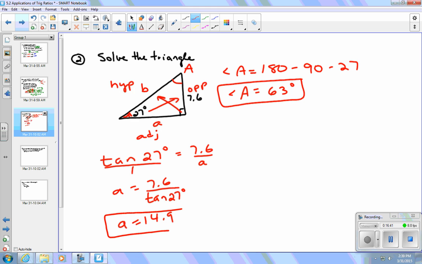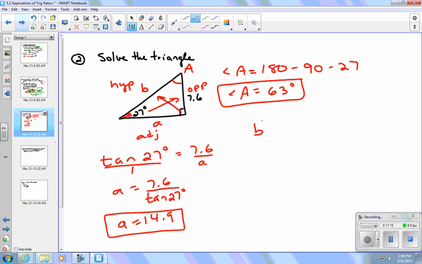Generally, we round our sides to one decimal place, and when we're solving for a missing angle, we round to the nearest whole number for degree angles. Okay, so now we need one more. We know side A, we know the 7.6, and we need this side. There's two ways to do that. We could use a trig ratio to do it, but now that we have this right triangle and we know two sides, it's probably easier to use Pythagorean theorem for it.